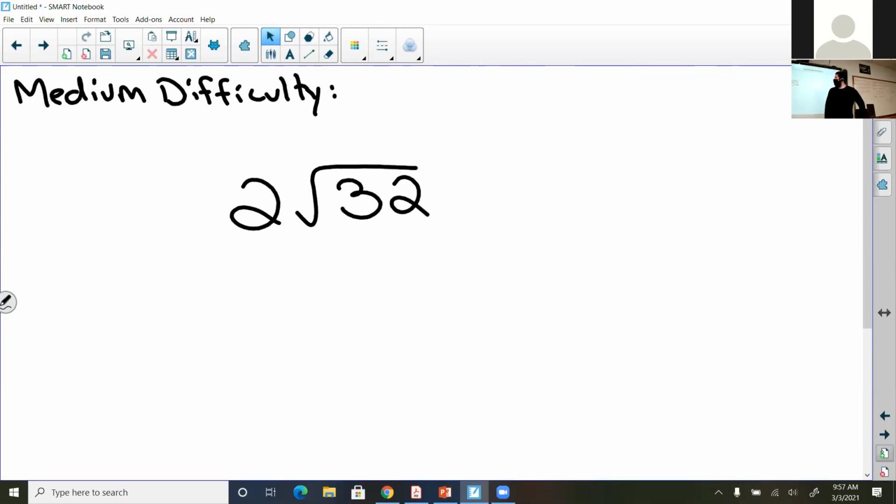So the medium level difficulty could look like this. Now all of a sudden I have numbers that are already on the outside and I have numbers on the inside. The number on the outside is just going to be called a coefficient, much like we would have if we had 2x. The multiplier, that constant multiplier, is a coefficient. The 32 is our radicand. That's what we want to split up.